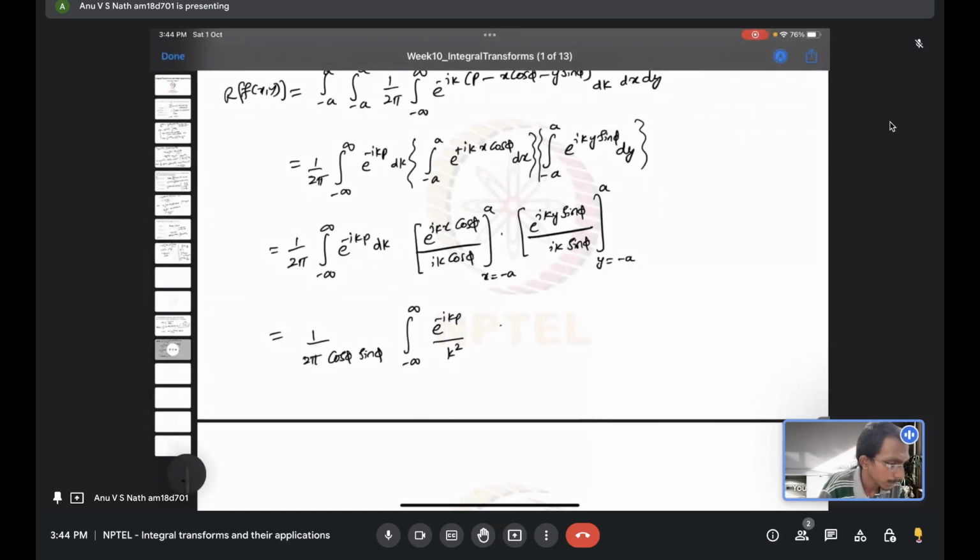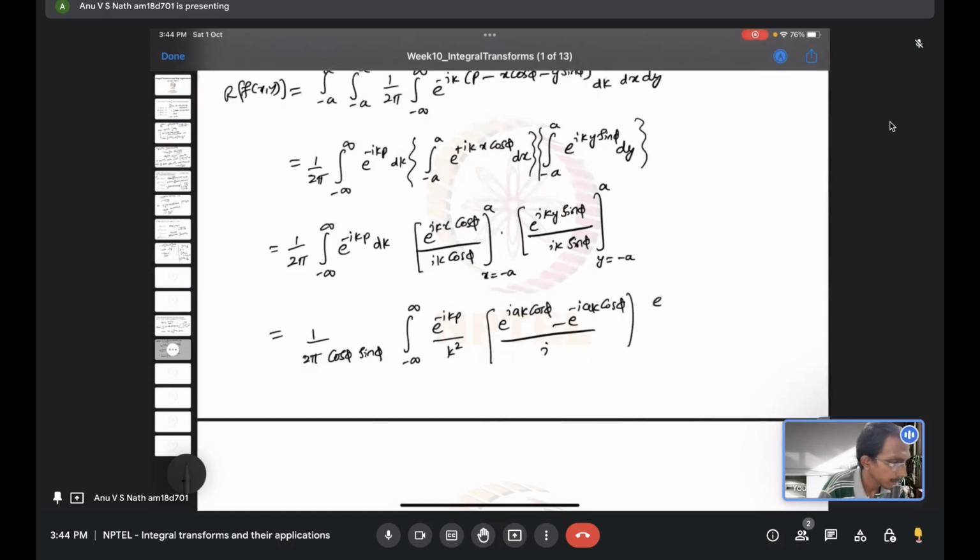Now we apply the limits: e raised to i ak cos phi minus e raised to minus i ak cos phi, divided by i. Similarly, e raised to i ak sin phi minus e raised to minus i ak sin phi, divided by i, and the dk also exists.